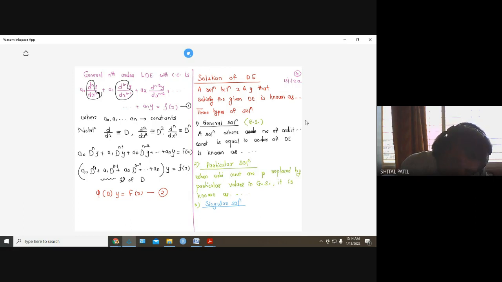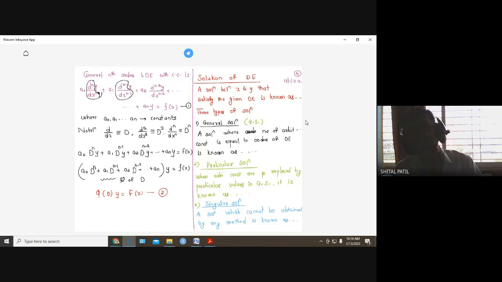A solution which cannot be obtained by any method, but it is a solution, is known as a singular solution. We'll try to understand what is general solution. So once we start the examples, I will let you know what the general solution is.